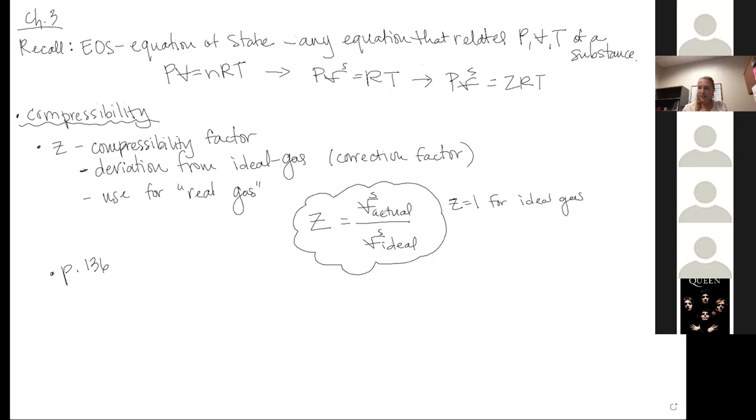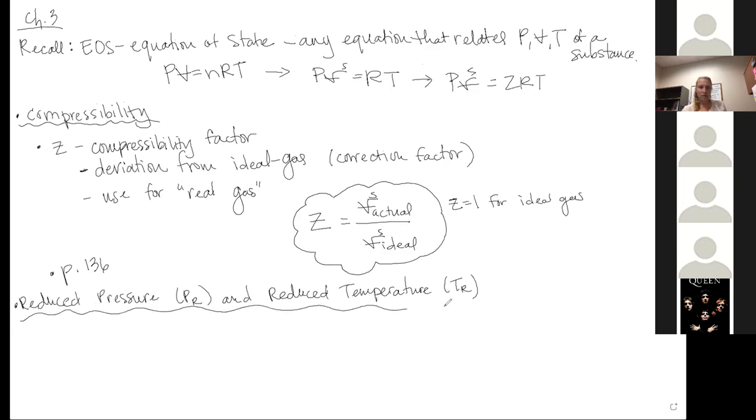All right. So this starts on page 136. And the next concept that is introduced is the concept of reduced pressure and reduced temperature. So first, we're going to look at reduced pressure, P sub R, and reduced temperature, which is T sub R. And this is on page 141 in the 3rd edition.